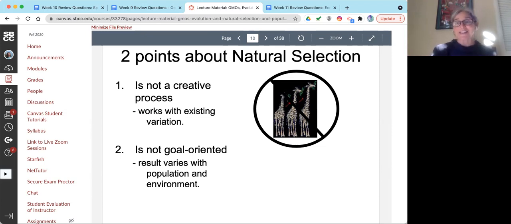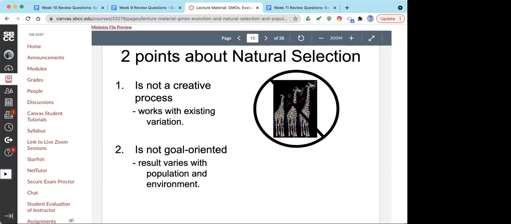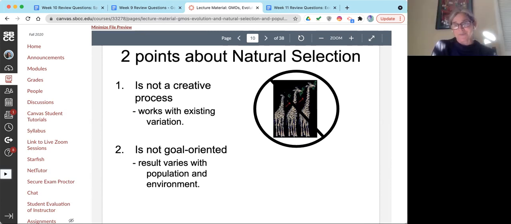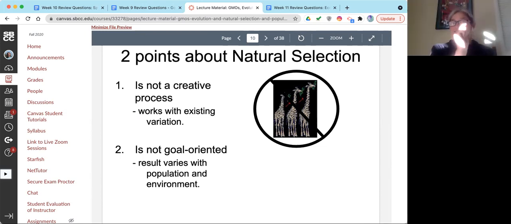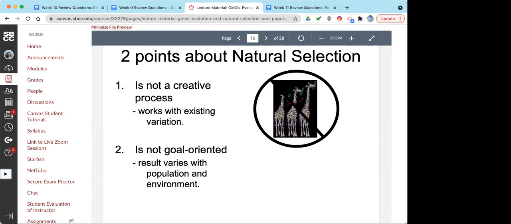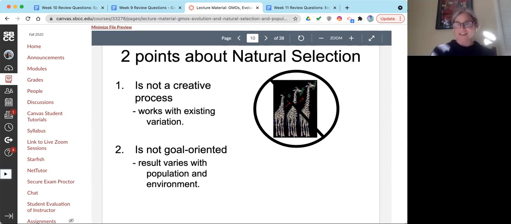I mean, we still have bacteria 3.8 billion years later, and that's because they're very successful at what they do. So there's no goal in natural selection, but the individuals that have the trait that's best in that scenario are more likely to pass on their genes. So that's why that kind of trait becomes more common in future generations.